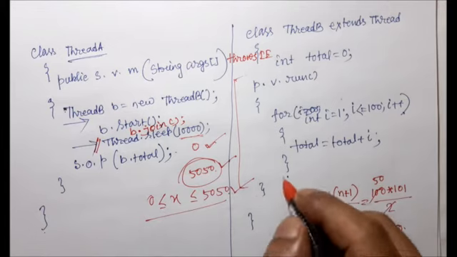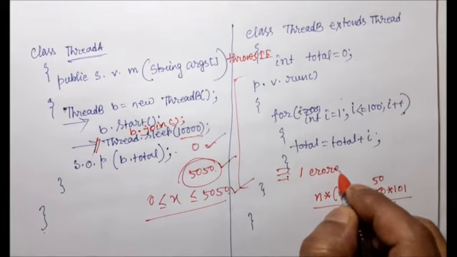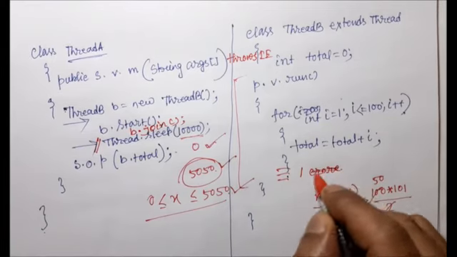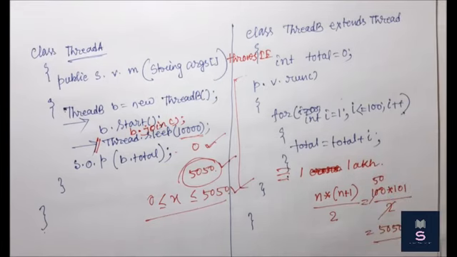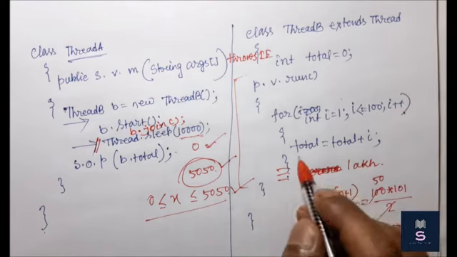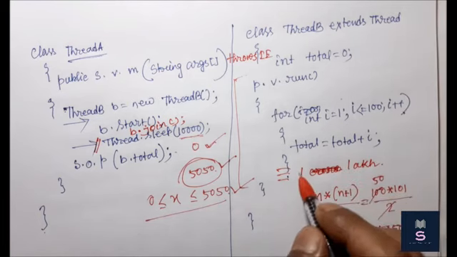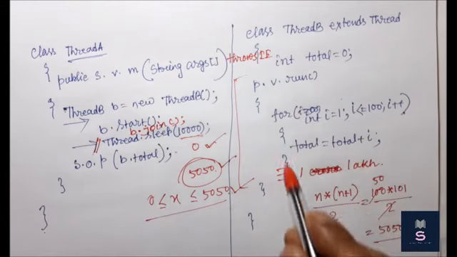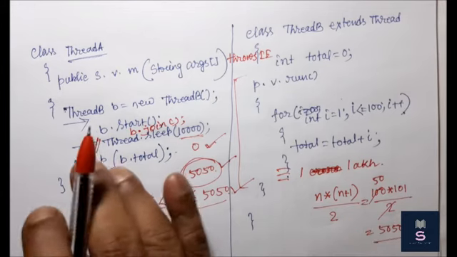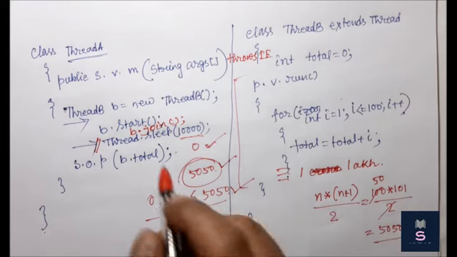Suppose we have 1 crore lines here, or suppose we have 1 lakh lines of code after that for loop, but I am only expecting the total value, right. If I use the join method, first the child thread will be completed, then it will join at the end of this method.